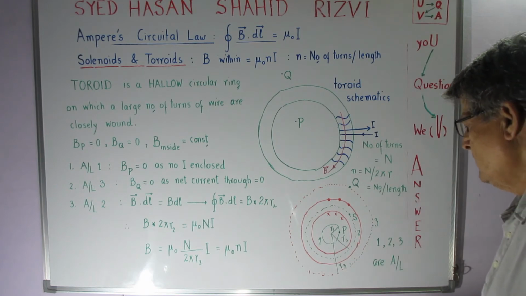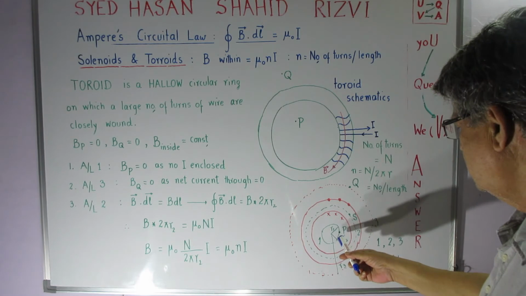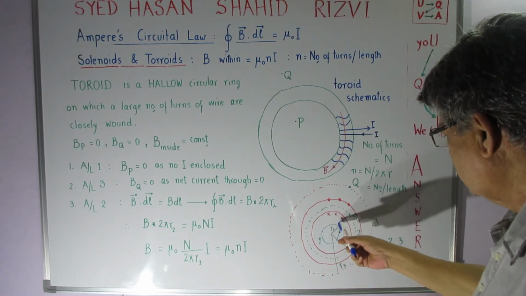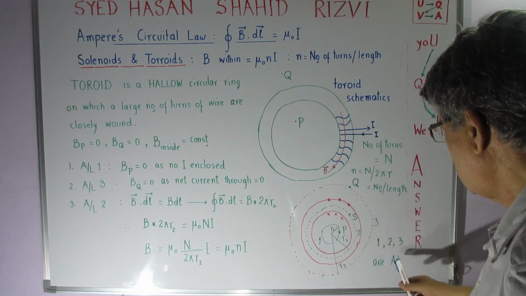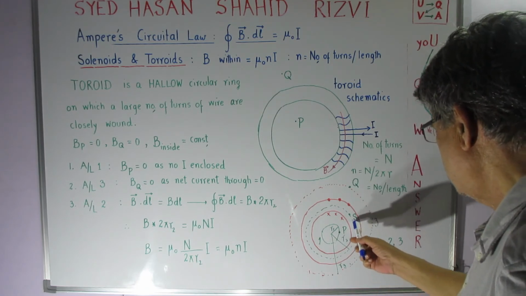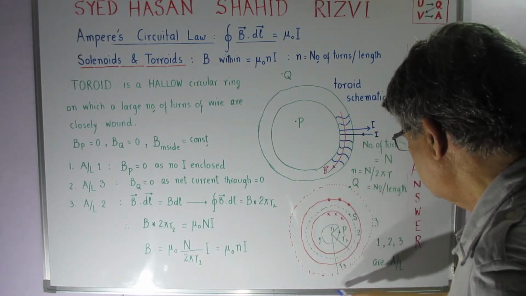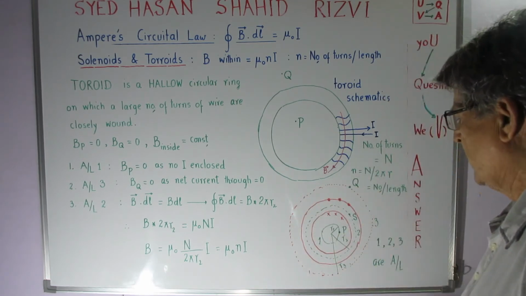And now I have taken one concentric circular Amperian loop, another one inside, and a third one outside.